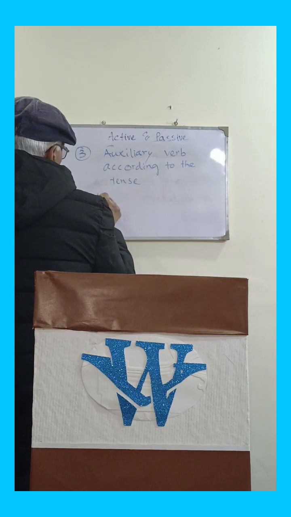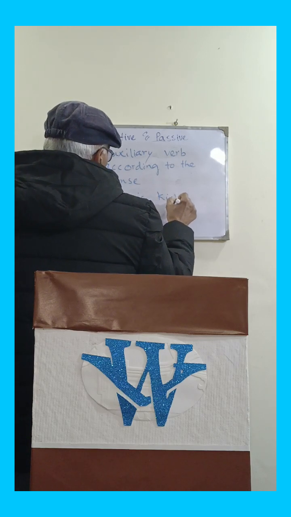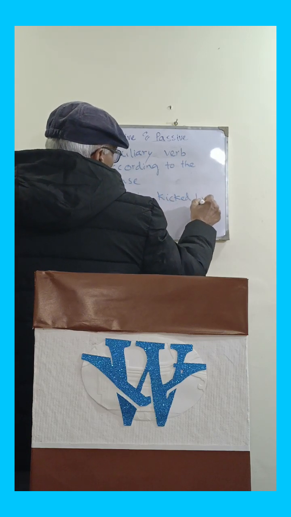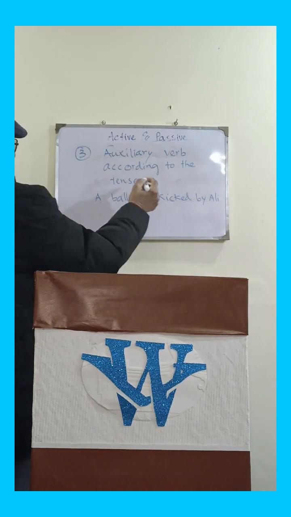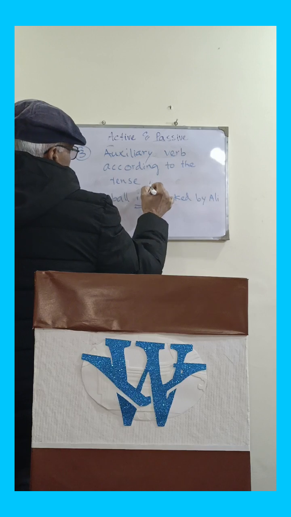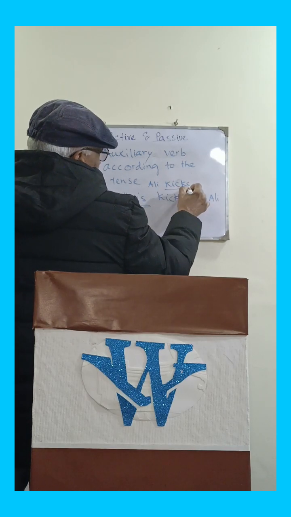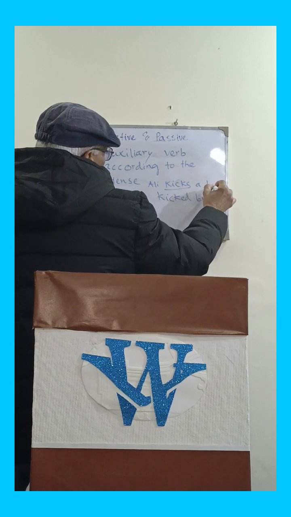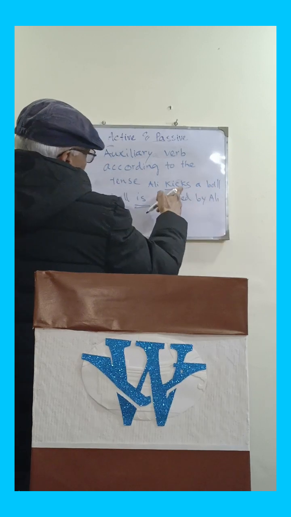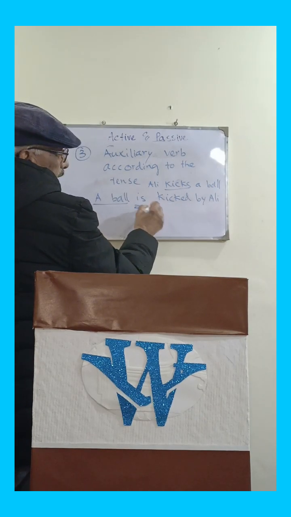For example, a ball is kicked by Ali. So this is here is used because this Ali kicks a ball. So this is present tense, kicks a ball. So kicks is present tense and a ball is singular, then is will be used.